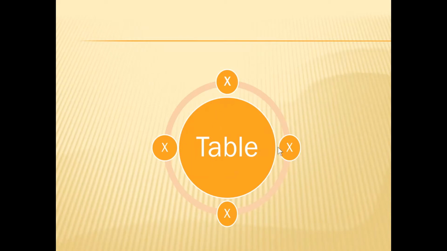This is a circular table, and we need to seat 4 people. We don't have any reference, and the question doesn't say there is a reference. So if we seat the first person here, or here, or here, it looks the same to us. So how many possibilities?